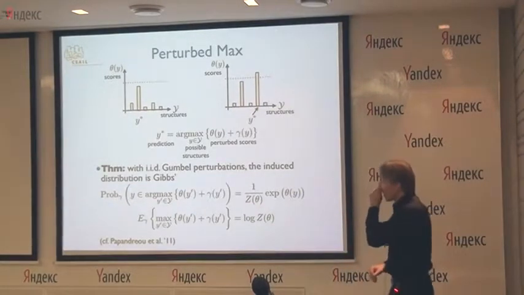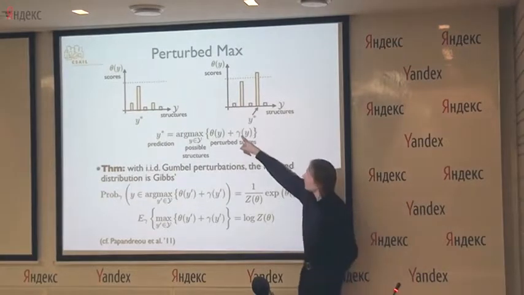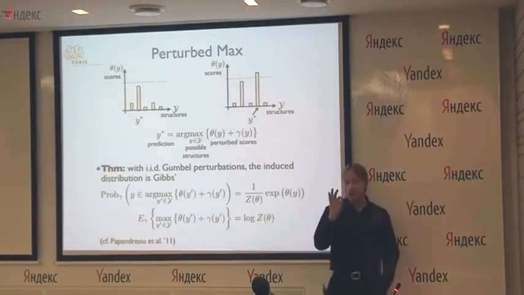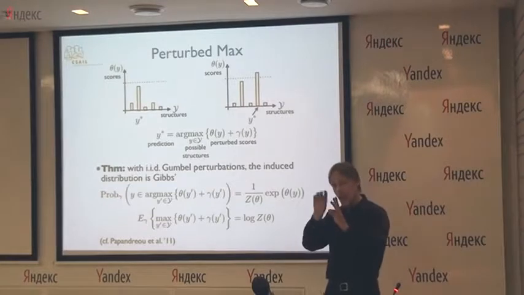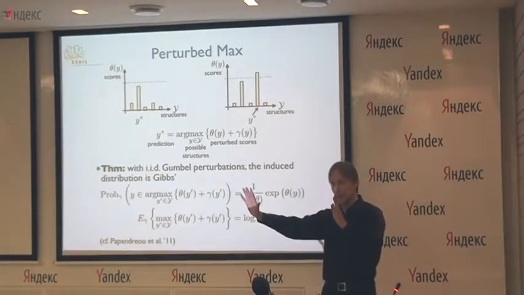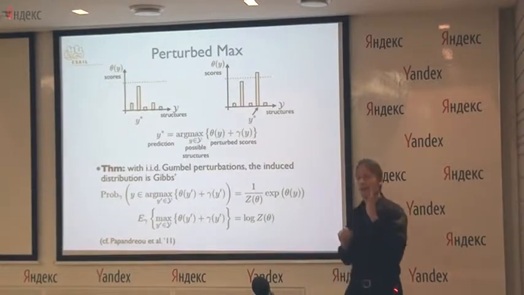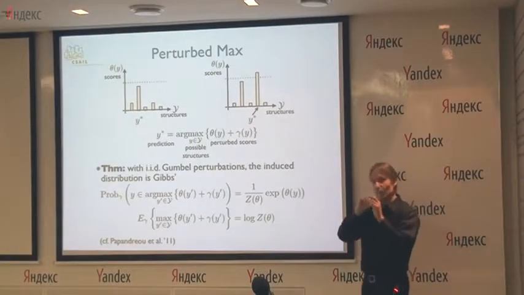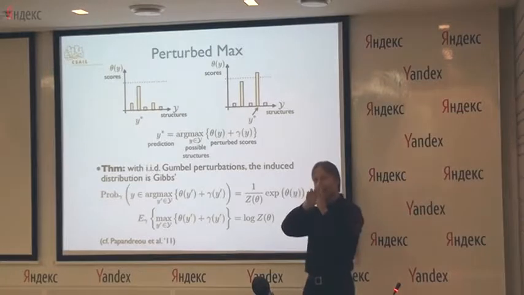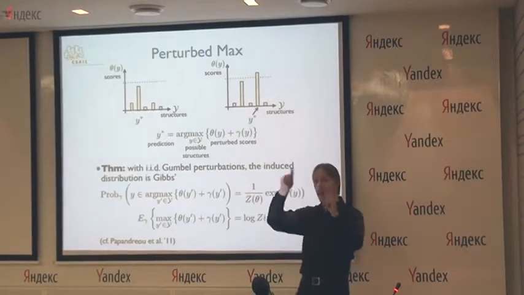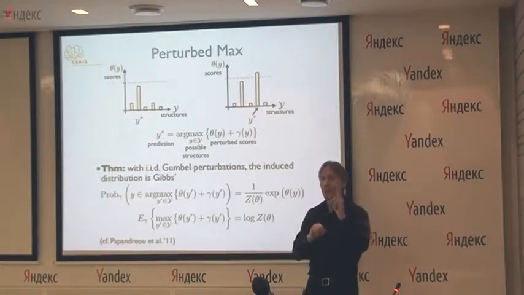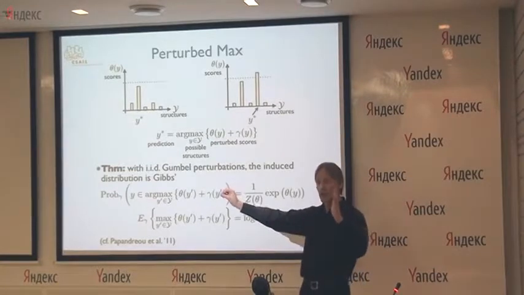All right? And the problem here is that the perturbations here are assigned to each structure individually, not to components of the structure. So as you perturb scores for each structure, in order to find out which one of them is maximum, you essentially have to enumerate all structures.